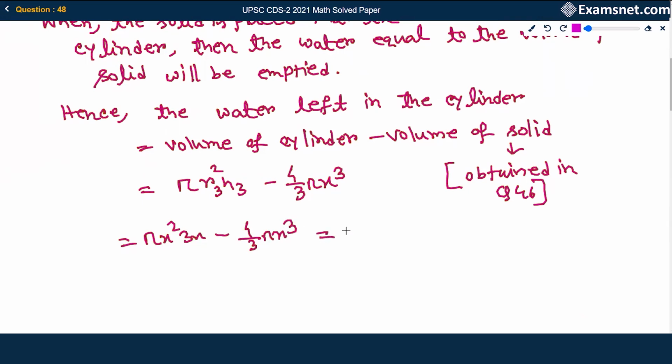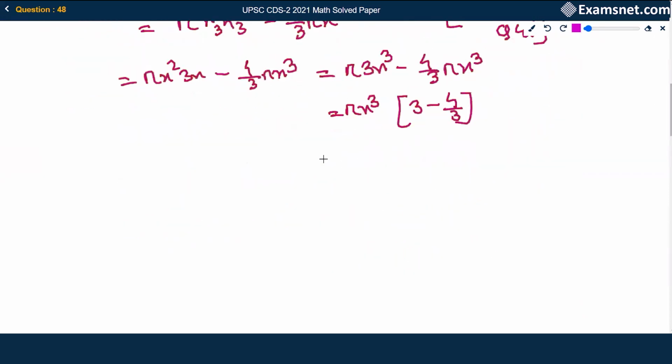So it will result in 3 pi x cube minus 4/3 pi x cube. We take common pi x cube times 3 minus 4/3, that is 9 minus 4 over 3, so 5/3 pi x cube.